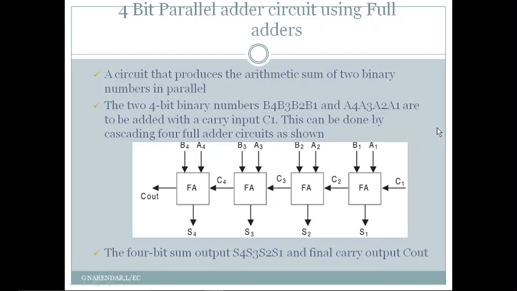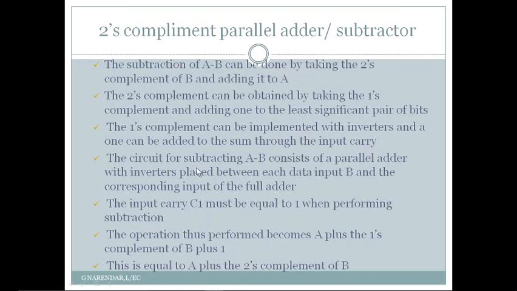So here we have added A with B, but instead of B directly, the circuit for subtracting A minus B consists now of the parallel adder with inverters placed between each data input B and the corresponding input of the full adder.